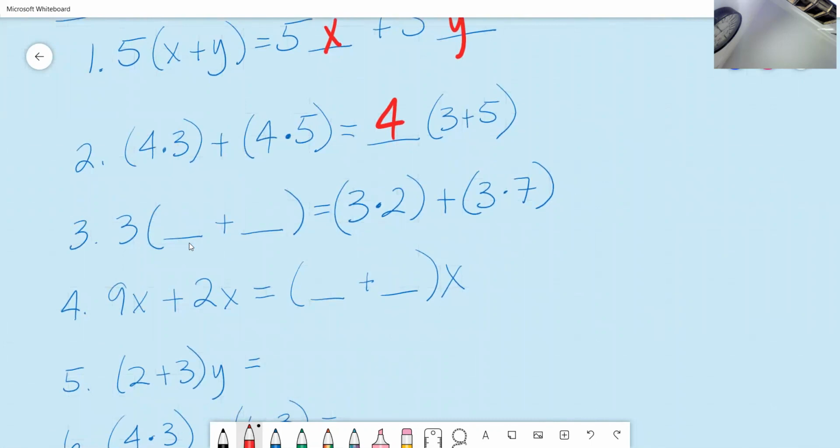Okay, and then number 3 tells you that 3 times 2 numbers added together equals 3 times 2 plus 3 times 7. So you can see they've given you your numbers here, and you can plug those right in. 2 and 7.